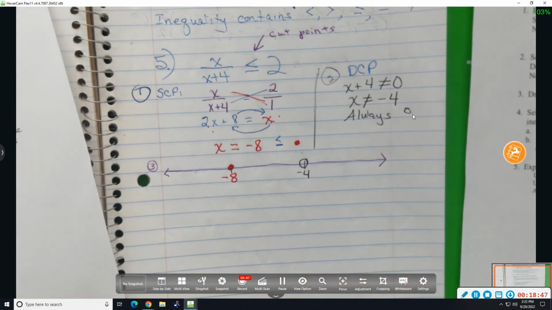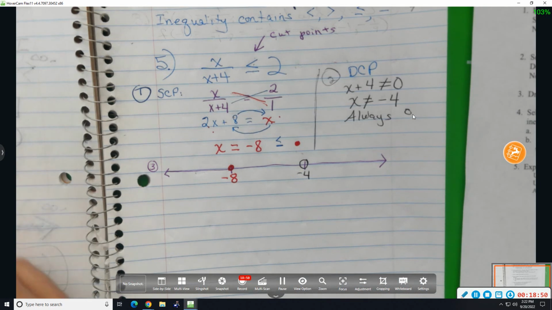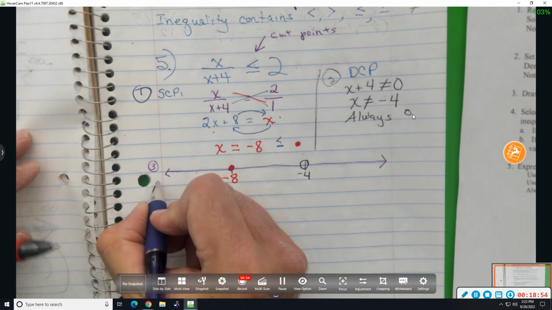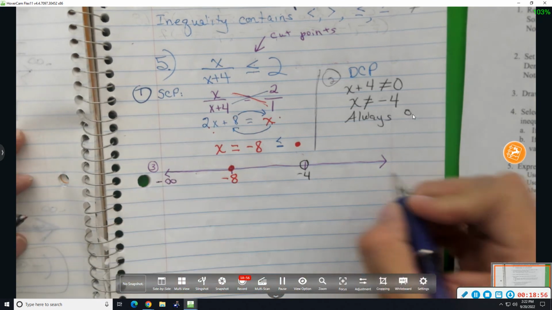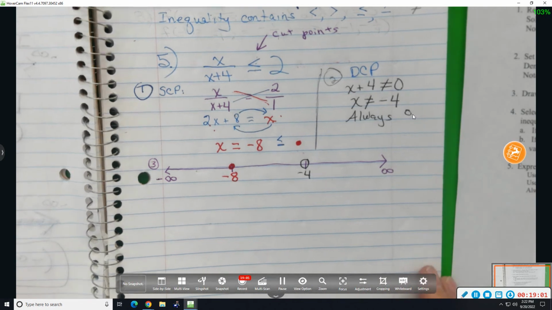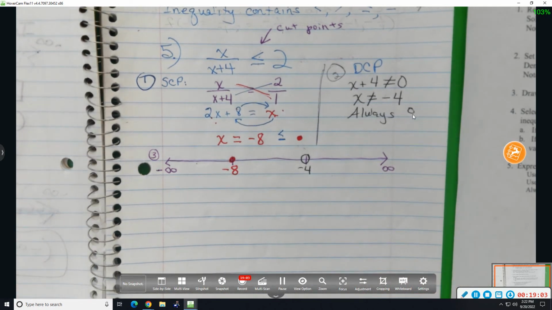And do y'all remember how we said you could label the arrows as infinity symbols? I'm going to go ahead and put a negative infinity and a positive infinity there. I'm wondering, can y'all tell the difference between my 8 and my infinity symbols? One is sideways. Yeah.